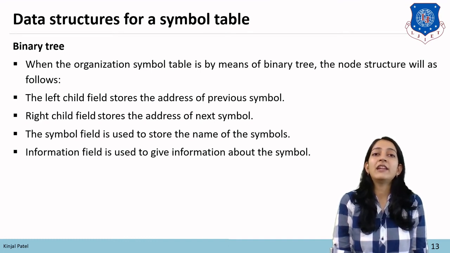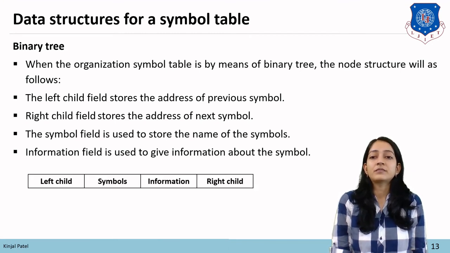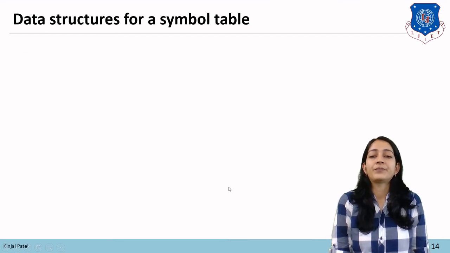So here is the structure of the binary tree, where the left child stores the value of symbols and the right child also stores the value of symbols, along with the symbols and their information. In this way the information will be stored.